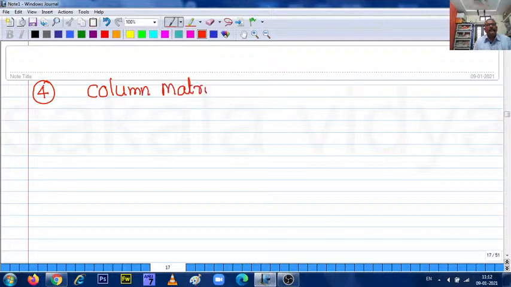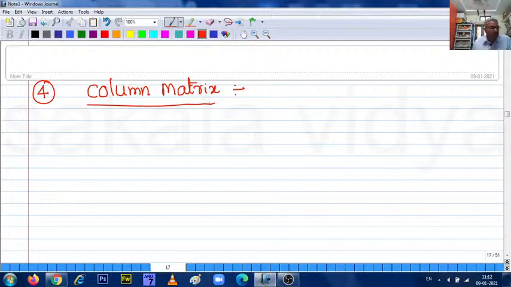Column matrix. Can you define a column matrix? What do you mean by column matrix? Anybody? I will wait. Sai Krishna, Pavan Sai, Santo, Pradyumna, Tarun Teja. What is meant by column matrix? Having only one column.